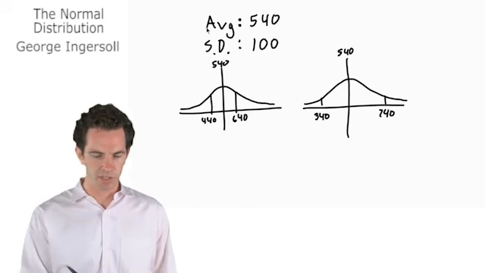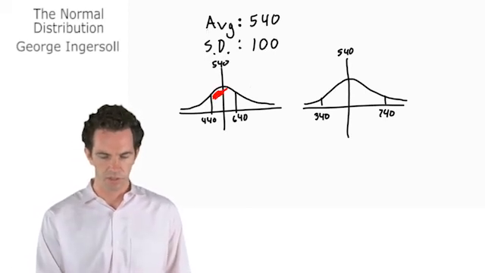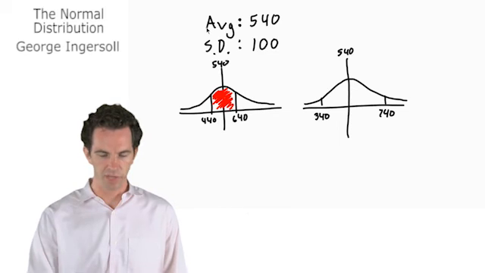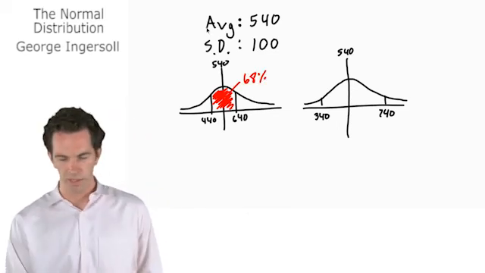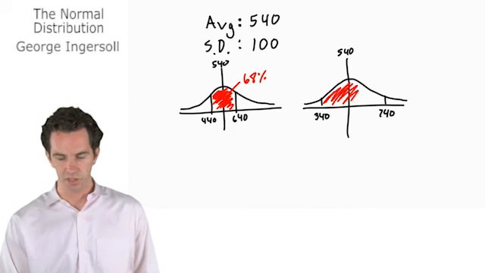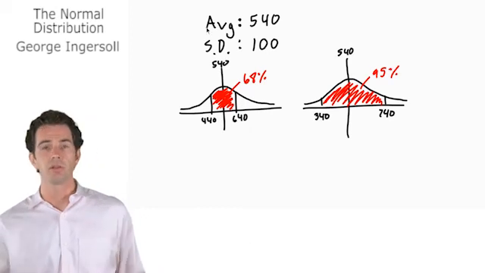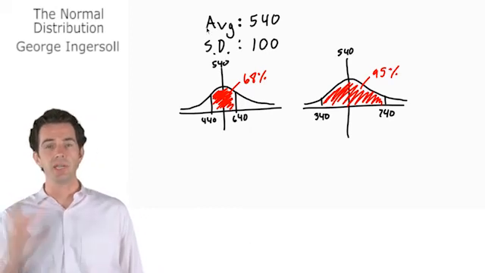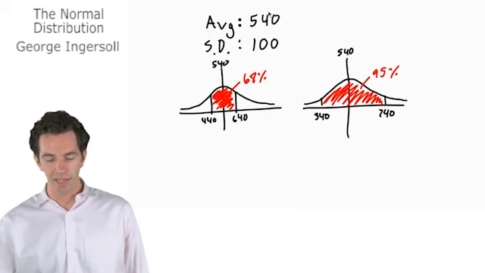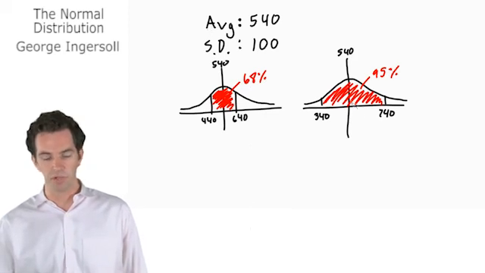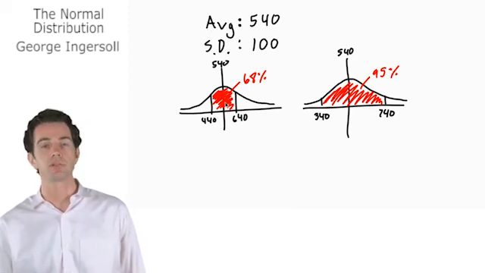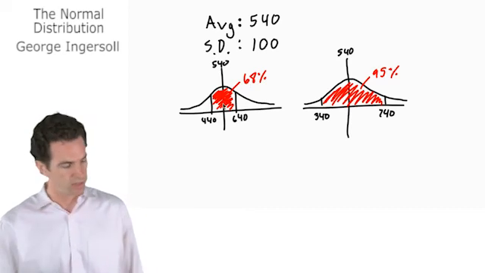And as I just mentioned, within 1 standard deviation is going to be equal to 68%, and within 2 standard deviations is going to be 95% of all results. So of all the people who take the GMAT in a given year, 95% are going to score between 340 and 740. 68% are going to score between 440 and 640.